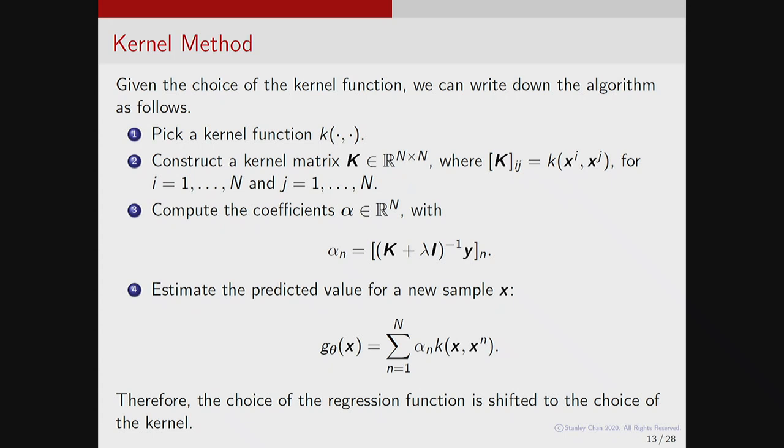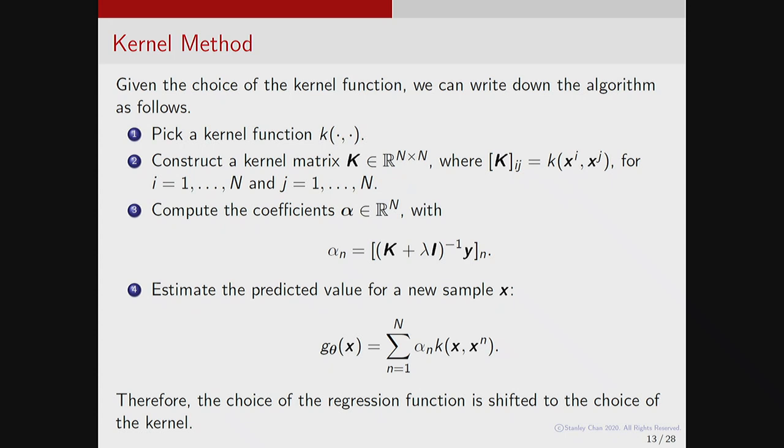Then you construct a thing called the kernel matrix. This kernel matrix is nothing but applying the kernel to all the pairs of data points. Imagine that you have n data points, you just do an n squared calculation of every single pair. Pairwise distance.